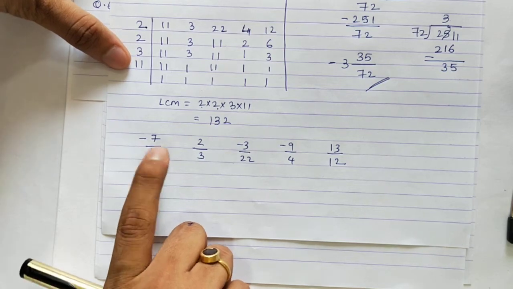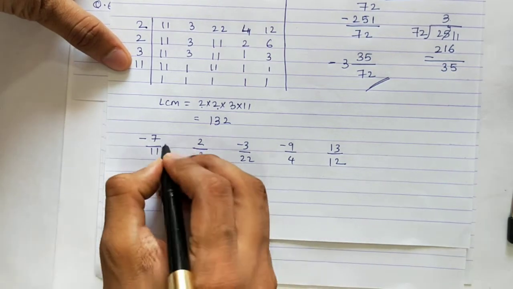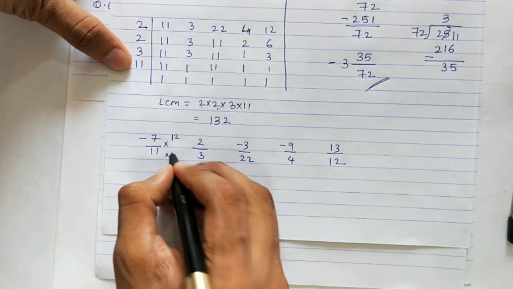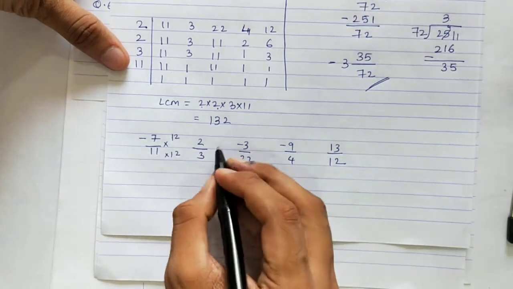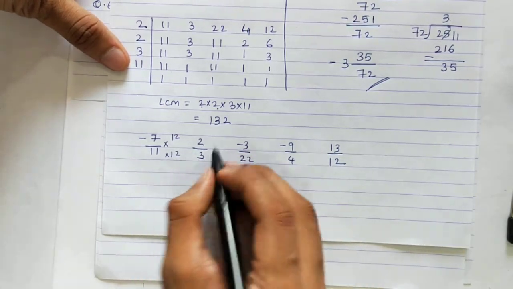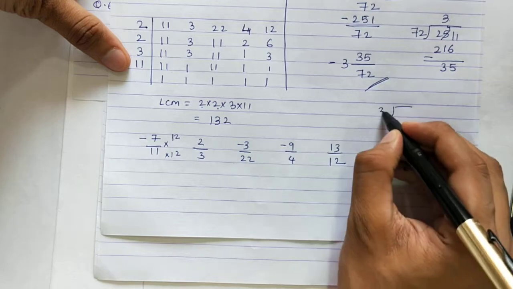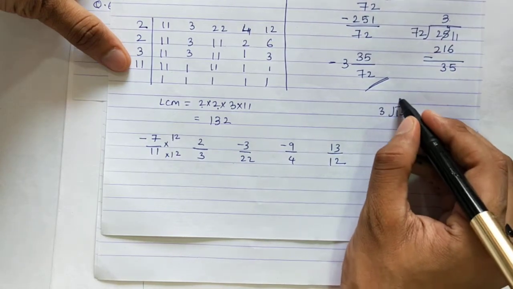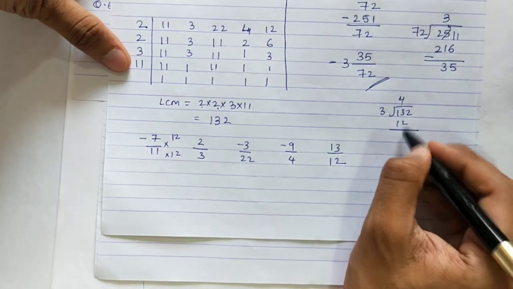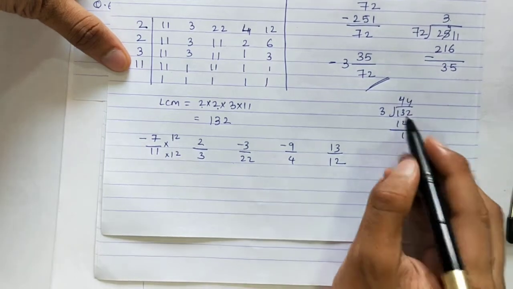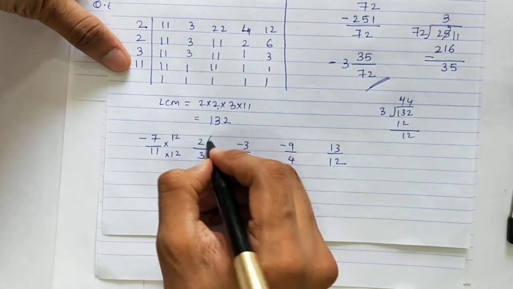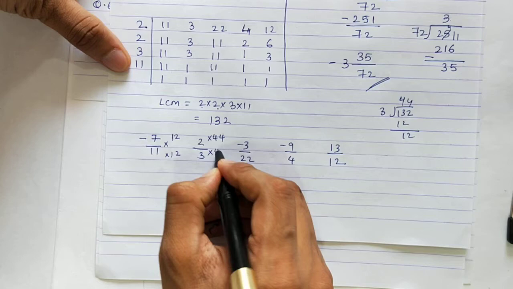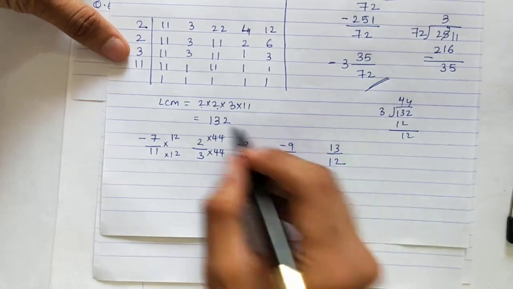So for 132, you have to multiply 11 with 12. For 3, how to make 3 into 132? You can divide and see. 3 4s are 12, 3 4s are 44. I'm getting 44, so we'll multiply with 44 to make 132.